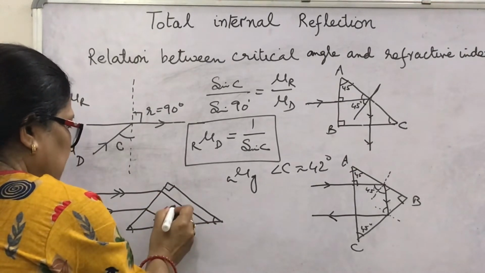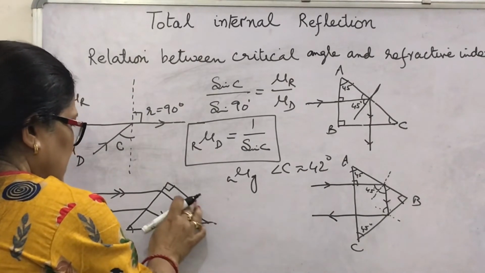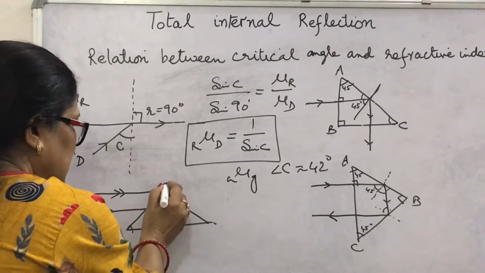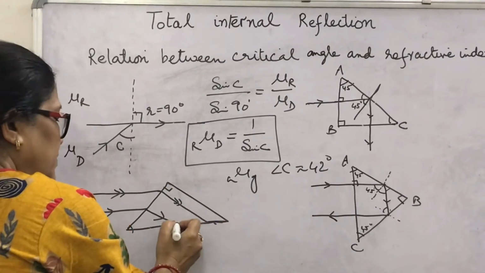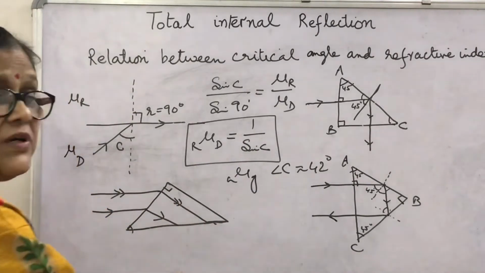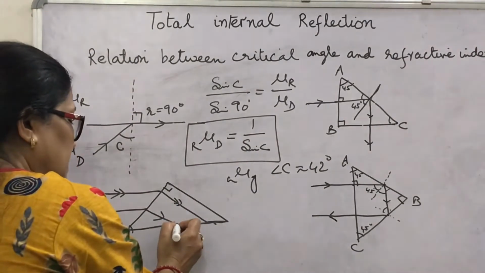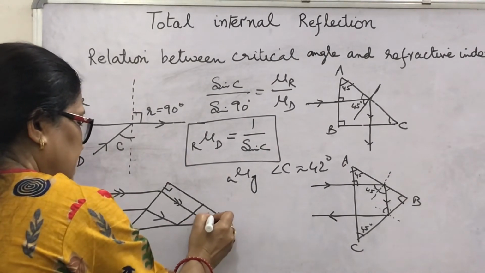And what happens at this surface, I am drawing again, this is the prism. What happens at this hypotenuse? TIR, total internal reflection takes place. Then this is the reflected ray here, this is the reflected ray here.